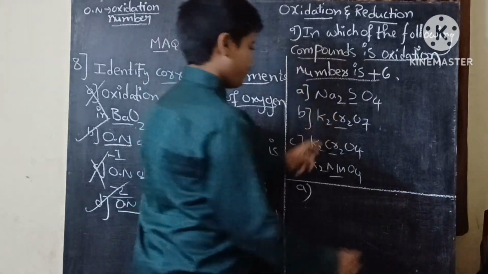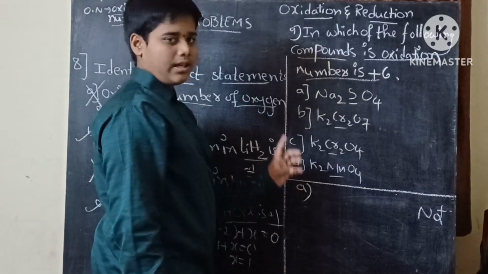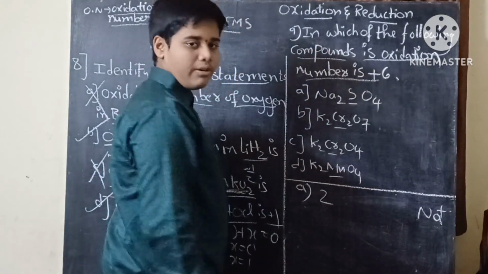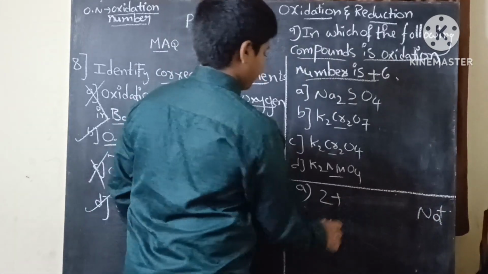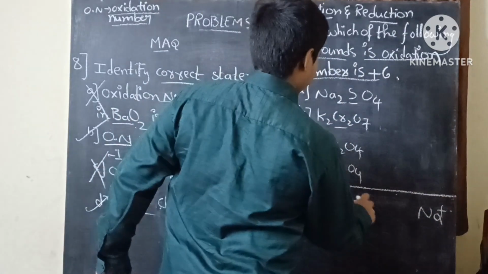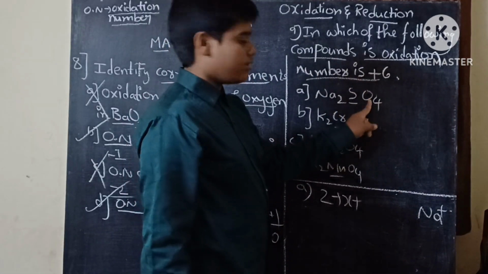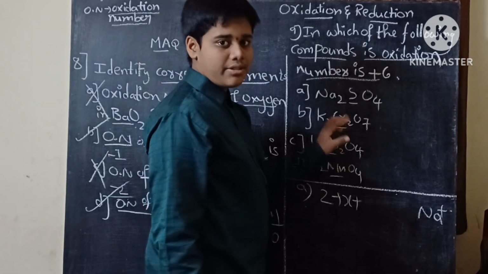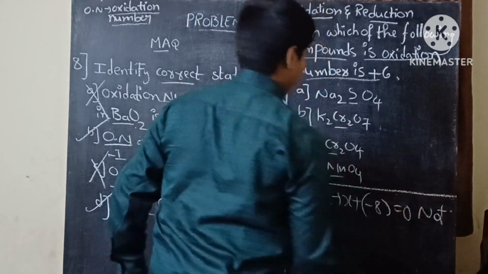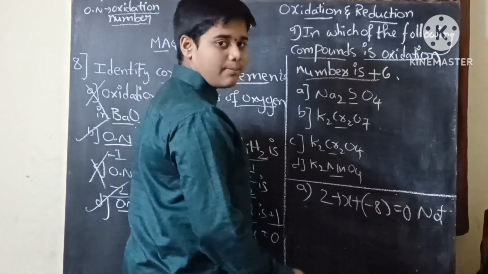The residual charge of sodium is Na plus, so the oxidation number is plus 1. 2 atoms are there, 1 into 2, 2, plus sulfur, we have to find the underlined element, so plus x, plus for 1 oxygen minus 2, 4 oxygens are there, minus 2 into 4, minus 8 equals 0. So 2 minus 8 means minus 6.